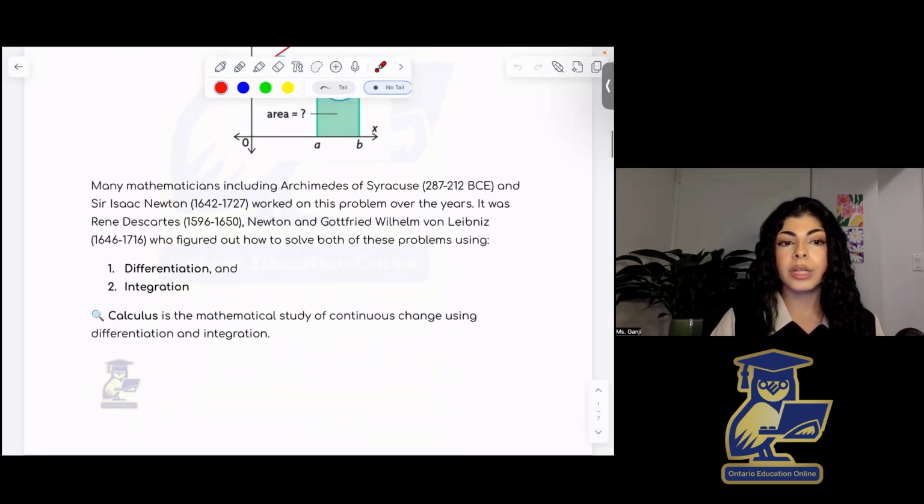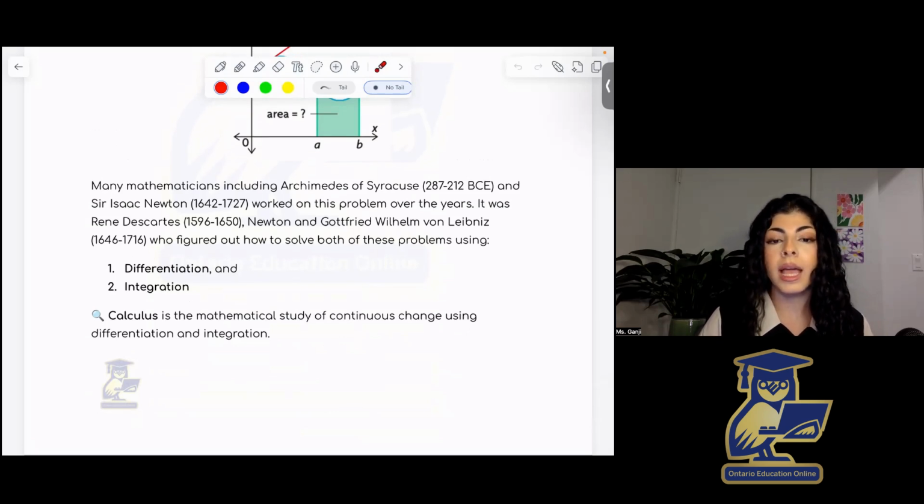And so, throughout history, many mathematicians, including Archimedes of Syracuse and Sir Isaac Newton, tried to work on these problems. And it wasn't until René Descartes and Newton and Leibniz figured out how to solve both of these problems. Leibniz, you'll see his name a lot throughout math, and he specifically has a notation when it comes to calculus, which we'll see shortly.